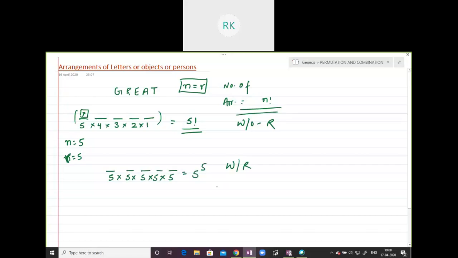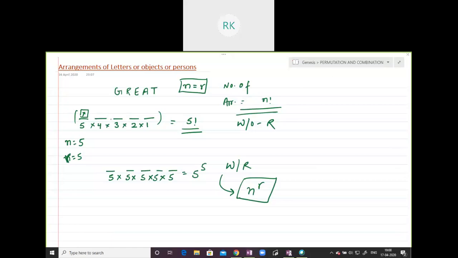It means that with repetition, it is n to the power r, right? The number of slots and number of elements are equal. So the number of arrangements without repetition is n factorial, as we know, I just wanted to remind you. And with repetition, it is n to the power r, 5 to the power 5. Very, very simple. Now we'll try to arrange the letters in different types of problems.